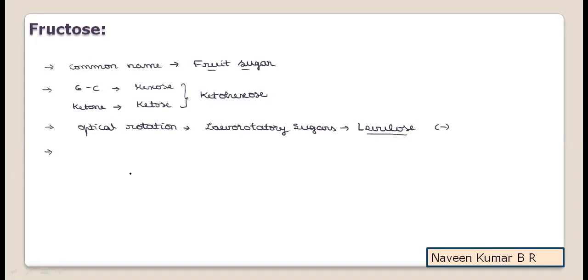So these are a few simple basic pieces of information regarding fructose. Fructose is fruit sugar, with 6 carbon atoms, ketone as a functional group, and it is an optically active compound which rotates the plane polarized light towards the left hand side.